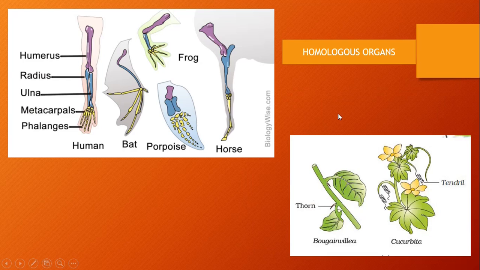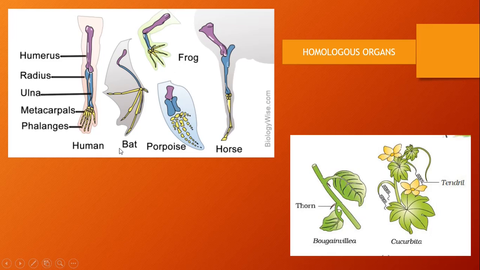Next, homologous organs. What are homologous organs? Homologous organs show structural similarity but have different functional aspects. You see the metacarpals are also present, so that is a structural similarity.